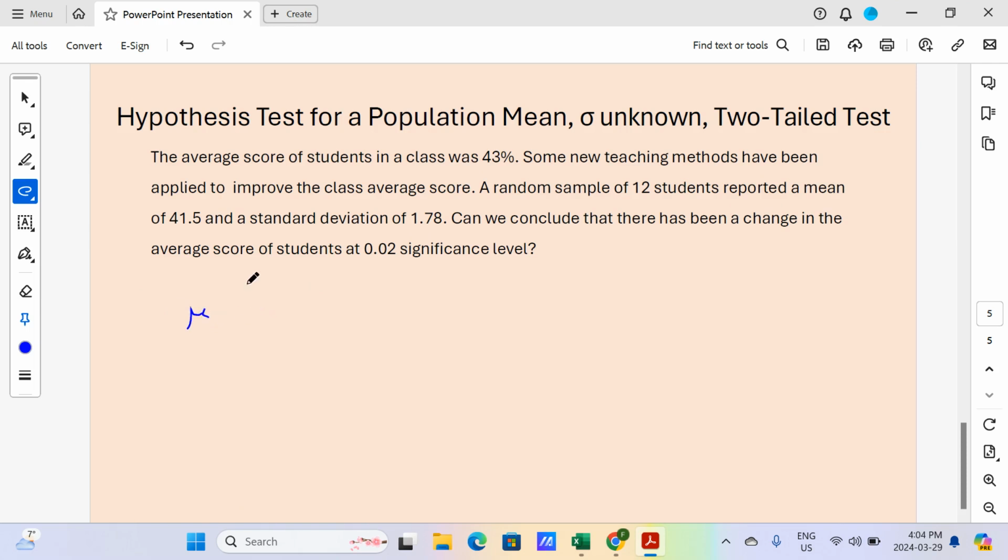So in step 1 in hypothesis testing, we always need to formulate H0 and H1. I'm testing if there is a change in the average score. When there is a change, mu is not equal to 43% anymore.